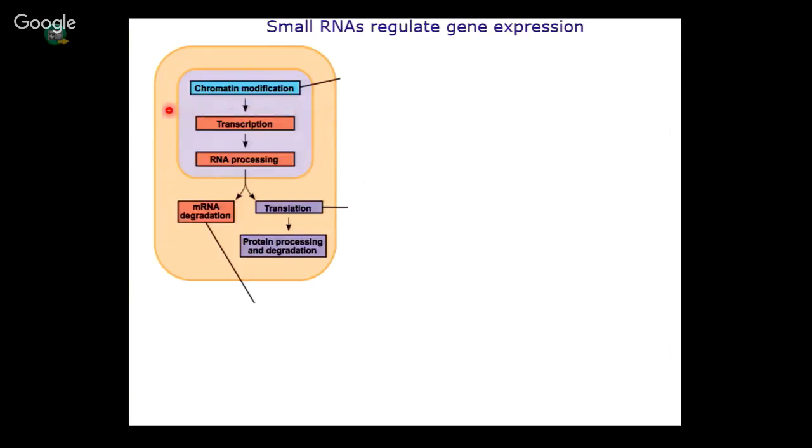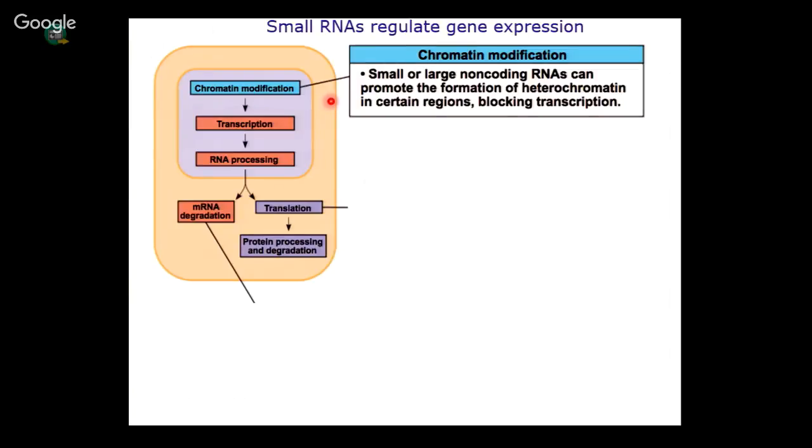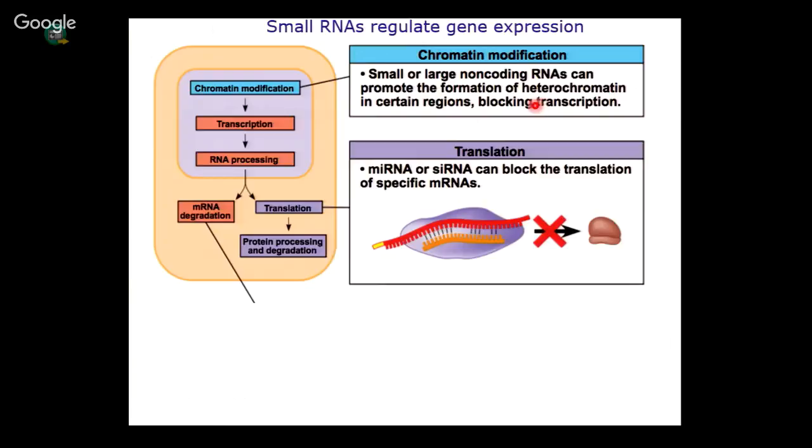In the chromatin modification step, some of the small or large non-coding RNA can promote the formation of heterochromatin, like Xist in X chromosome inactivation, or piRNA, blocking the transcription. MicroRNA or siRNA function majorly in the cytoplasm and block the translation of a specific mRNA.